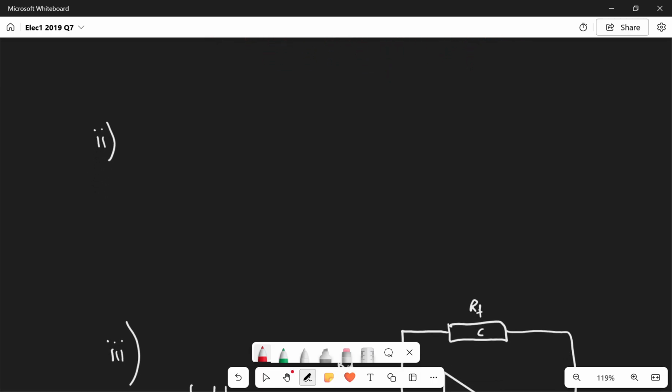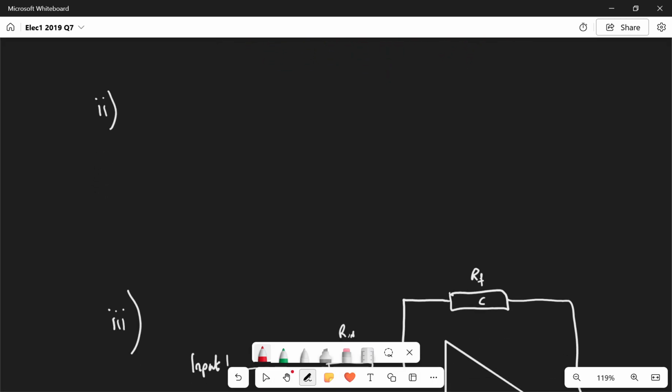Okay, part 2. It says, in this circuit, that precaution is less important for the connecting leads between P and Q and the difference amplifier. Explain why this is so. Well, the key to this is difference amplifier. The difference amplifier amplifies the difference between the two connecting leads.